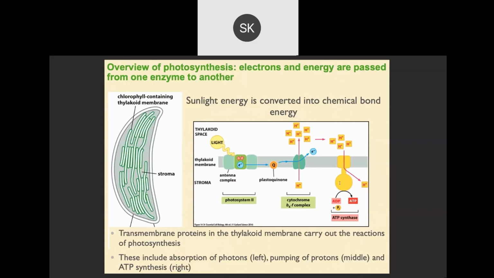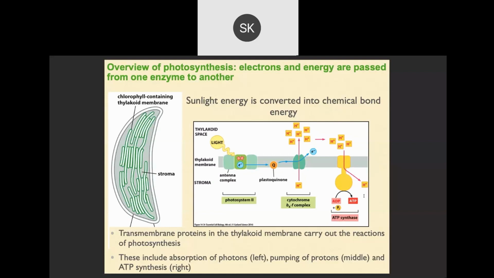And this channel is a protein called ATP synthase. If you were to guess, you might guess from its name that it synthesizes ATP. But it only does this if protons are moving through to the other side of the membrane.